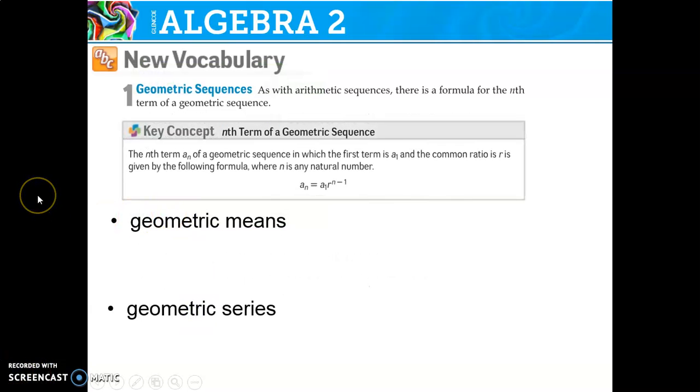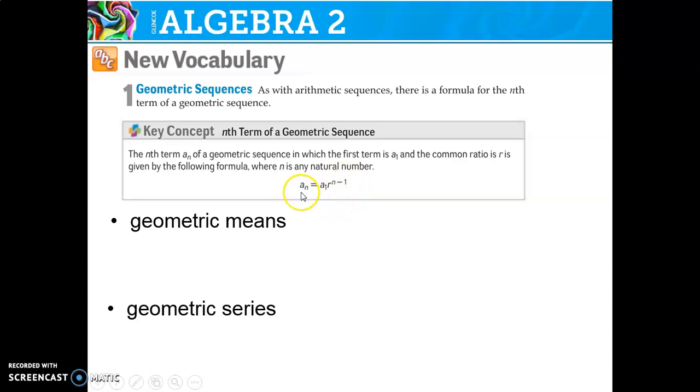So some new vocabulary. First of all, a geometric sequence. A sequence is a list of numbers that follow a pattern. A geometric sequence is where you are either multiplying or dividing by the same number each time as you go up the list. The nth term, a sub n, the any term, of a geometric sequence is the first term times the common ratio to the n-1 power.